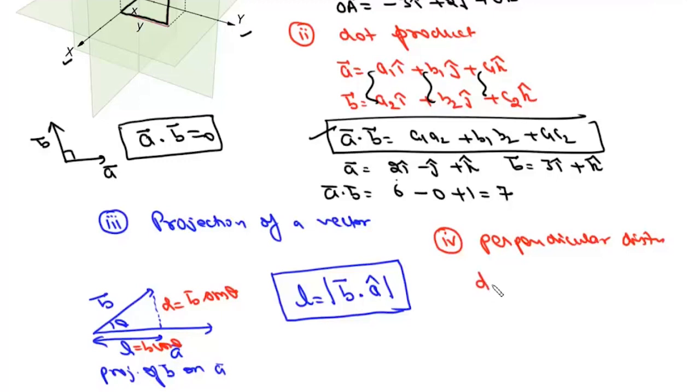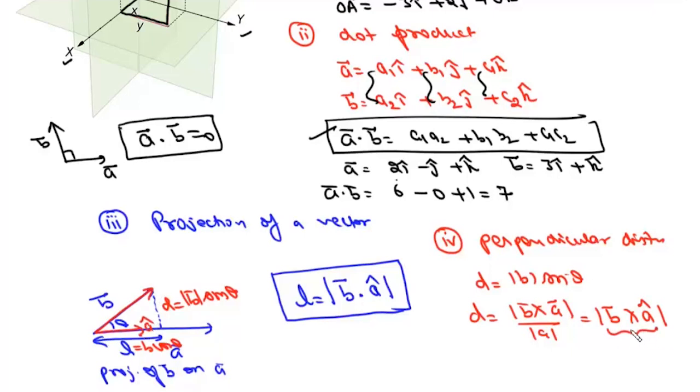So we can write this perpendicular distance D as mod of B sin theta, or as mod of B cross A, which is mod B mod A sin theta upon mod A, and we can also write this as mod of B cross A cap. We'll use this fundamental while finding the perpendicular distance of a point from a straight line. There we'll find this vector B, and then we'll find a unit vector in the direction of this line, which is A cap. We'll take their cross product and take its modulus to find perpendicular distances.